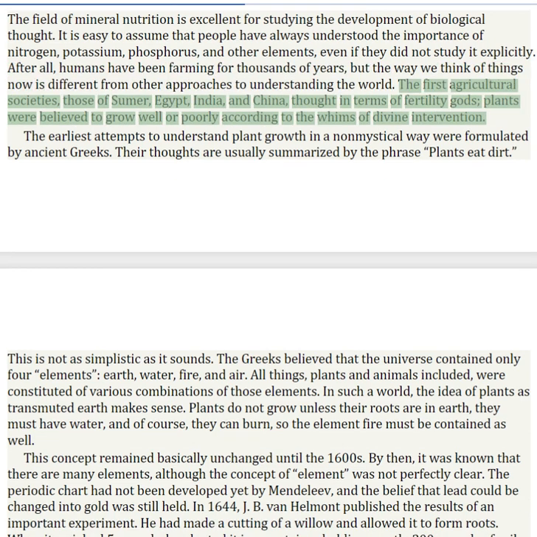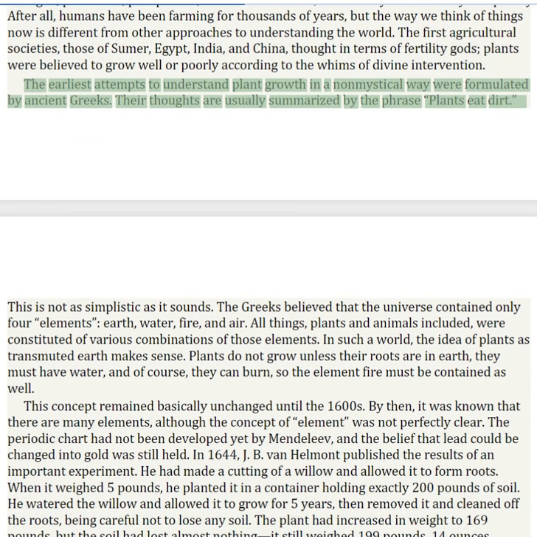The first agricultural societies, those of Sumer, Egypt, India, and China, thought in terms of fertility gods. Plants were believed to grow well or poorly according to the whims of divine intervention. The earliest attempts to understand plant growth in a non-mystical way were formulated by ancient Greeks. Their thoughts are usually summarized by the phrase "plants eat dirt."